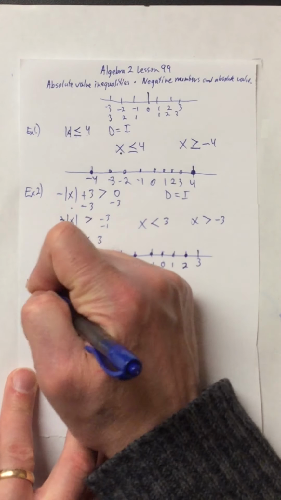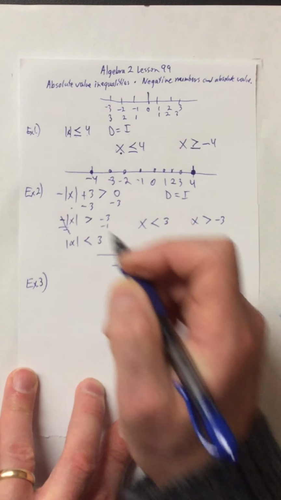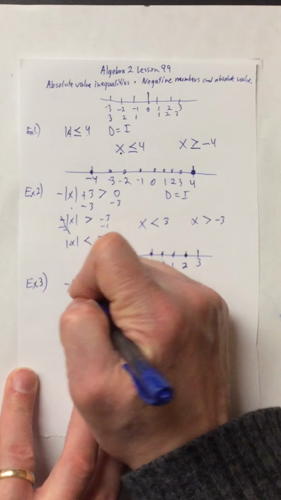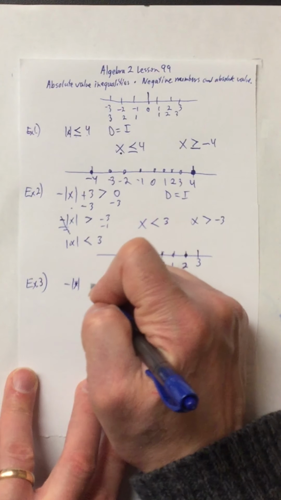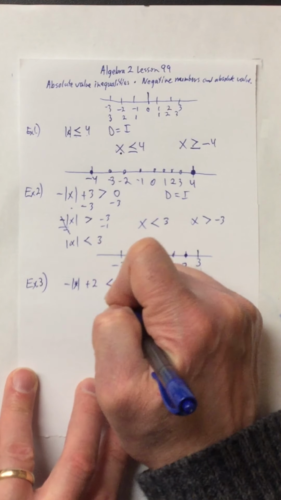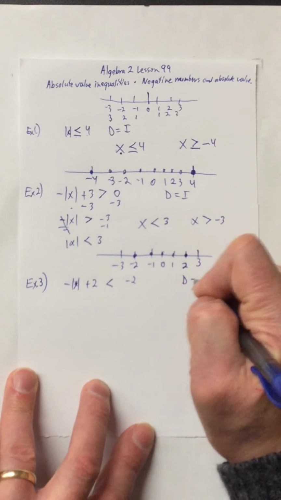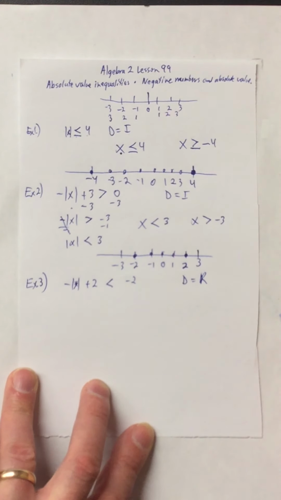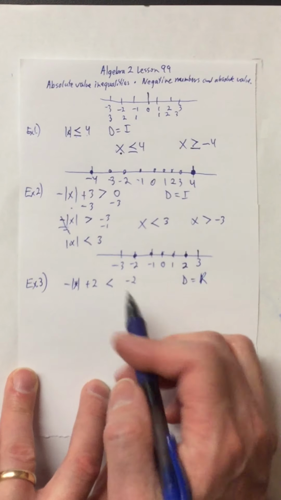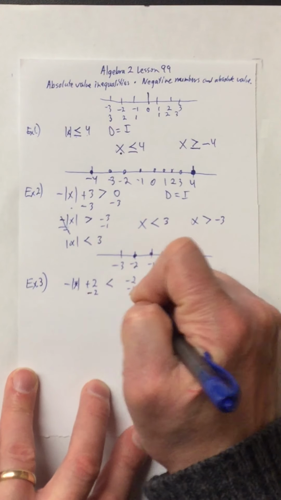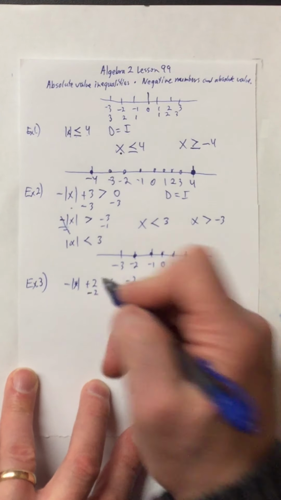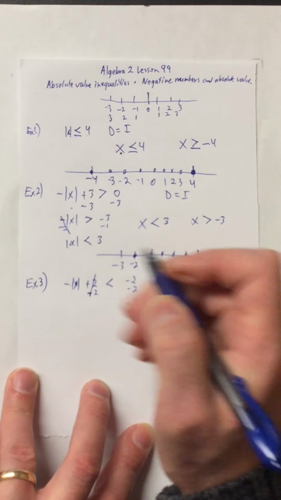Okay, example 3. We have negative absolute value of x plus 2 is less than negative 2. Our domain is reals. Once again, we've got to get x by itself. Let's subtract 2 from both sides of our inequality. That cancels here, and we get negative 4.